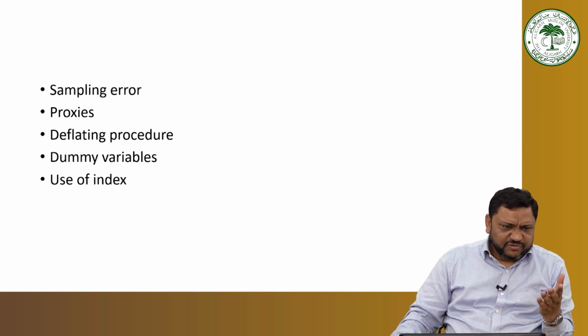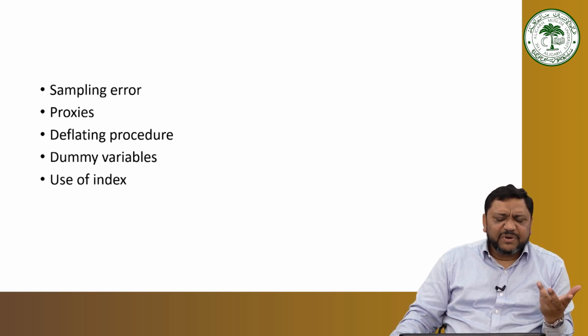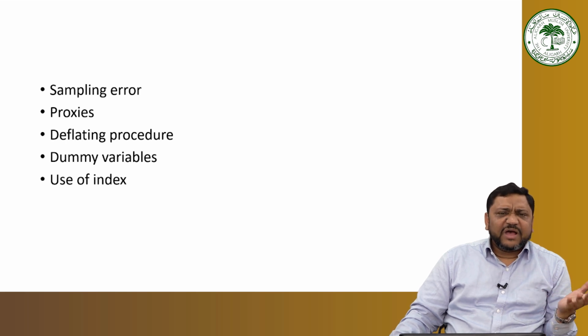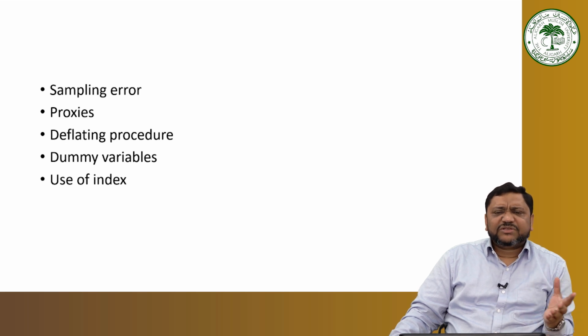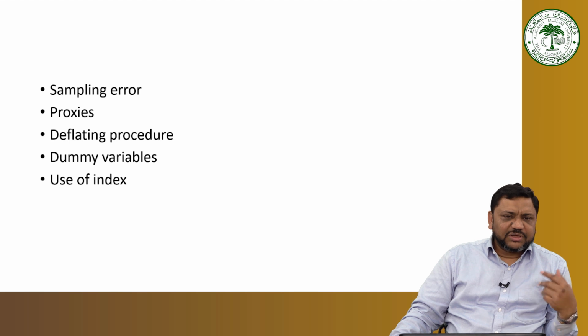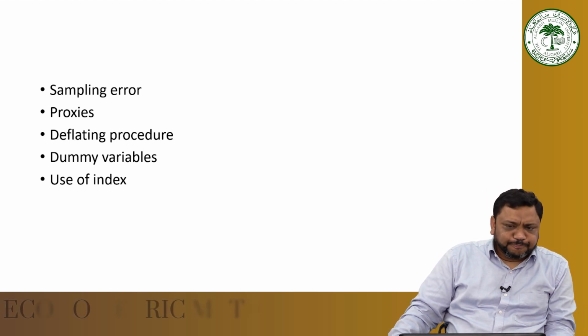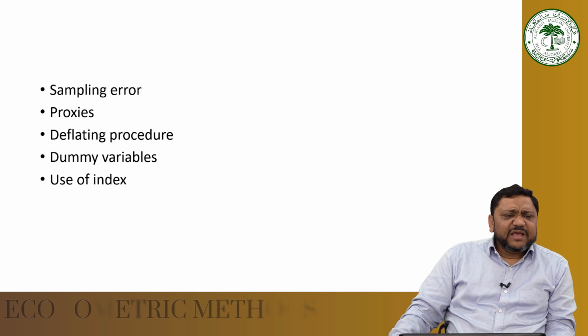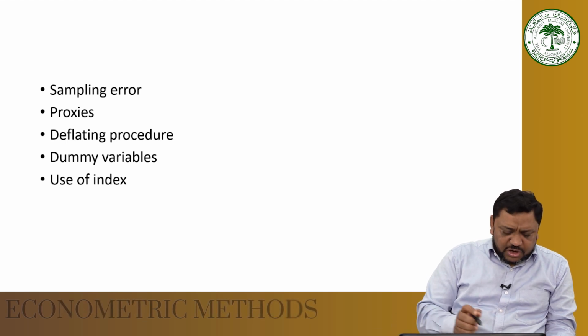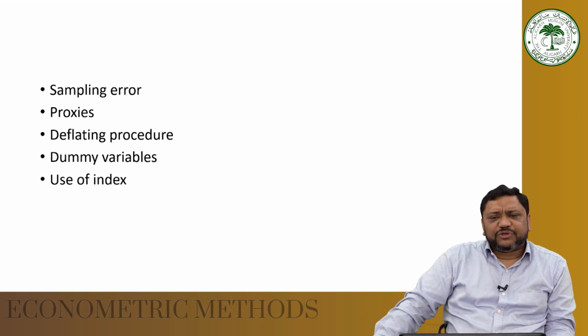Now, this can be because of the sampling error which we just talked about, where we have taken such a sample that this problem is there, or it can be when you are using proxies in place of disposable income, such as GDP or GNP. Again, this error can occur because of the deflating procedure.